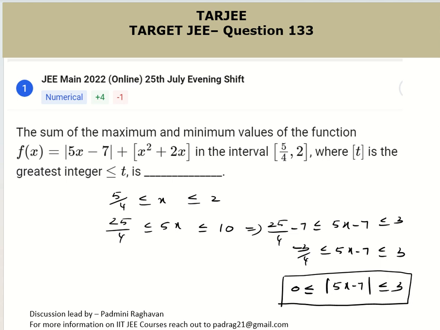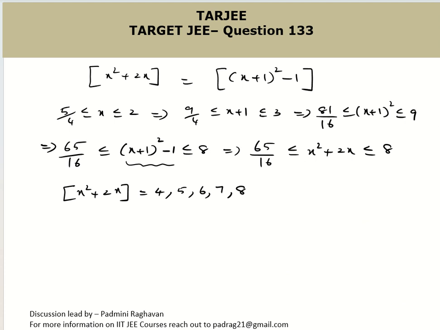Now let's try to see when will modulus of 5x minus 7 take a value 0. Modulus of 5x minus 7 will take a value 0, namely its minimum value, when x is equal to 7 by 5. When x is equal to 7 by 5, let us understand the value of x square plus 2x.